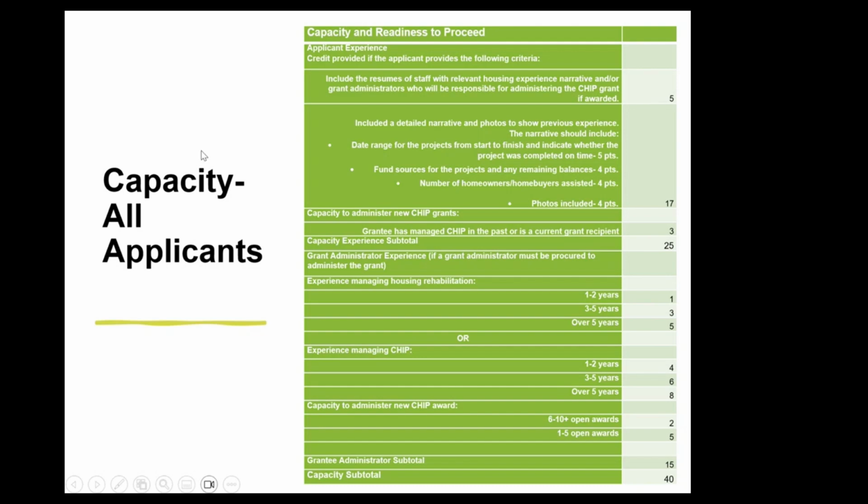Now, granted, we're always here for technical assistance, but when we're looking at your application, this is what we're looking at. We're also looking at your grant administrator. If you have an experienced grant administrator, that is a total of 15 points that you can receive as a part of your application.